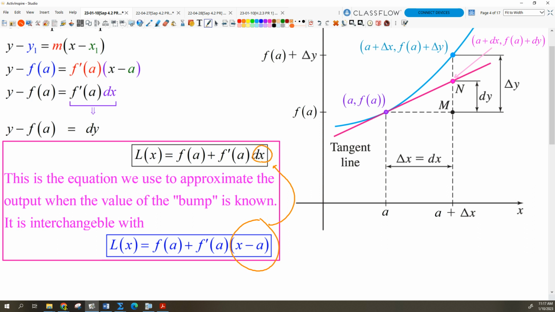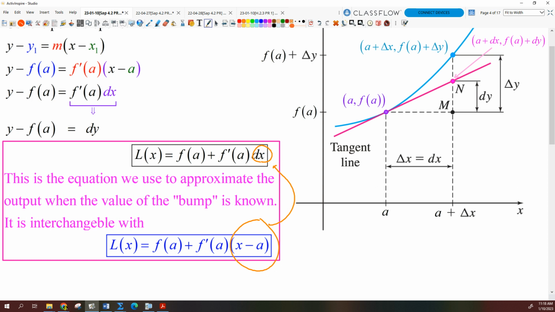Okay. Depends on how you're looking at this. Are we trying to just find the equation of a tangent line where we're inputting values of x? Then we use the blue version. If we're specifically thinking about tweaking this by bumping it a certain amount from its starting value of x equals a, then we'd use the top one.